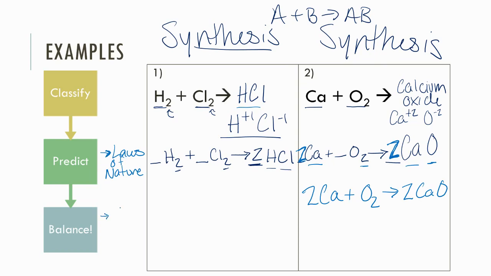And then when we're balancing, we're enforcing the law of conservation of matter. So we follow those laws in different steps. So make sure that you're conscious of that as you're working through these problems.